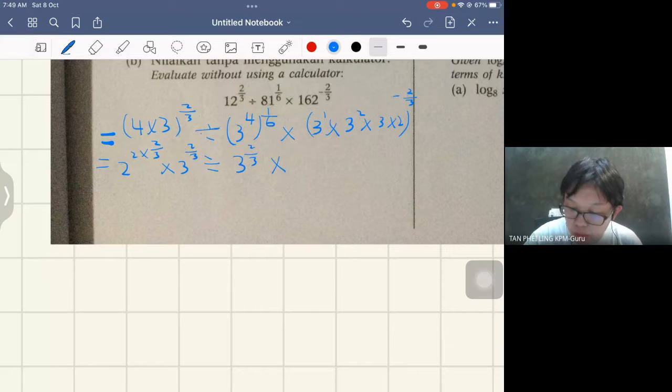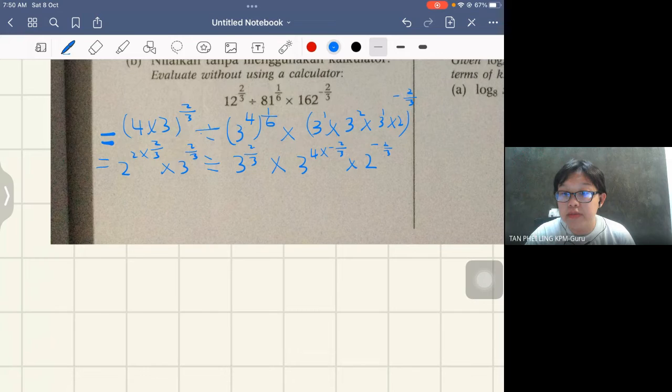I have 3 power 1, 3 power 1. So I have 3 power 4 itself, and I multiply it with negative 2 over 3. Why? Because this power is outside of the bracket, so I have to multiply. And then I also multiply with 2 power negative 2 over 3.